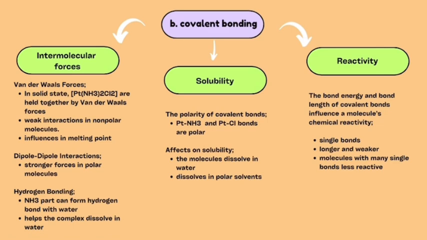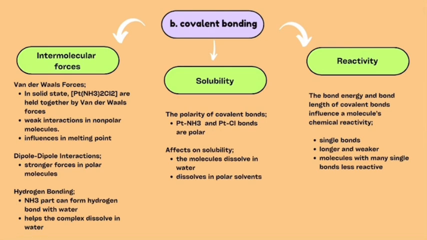The next one, let's talk about solubility, which is the ability of a substance to dissolve in a solvent. The polarity of covalent bonds in cisplatin influences its solubility. The platinum-NH3 and platinum-chloride bonds are polar, meaning they have distinct positive and negative ends.